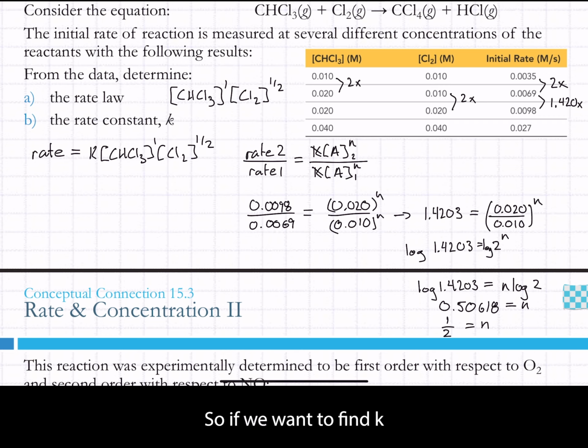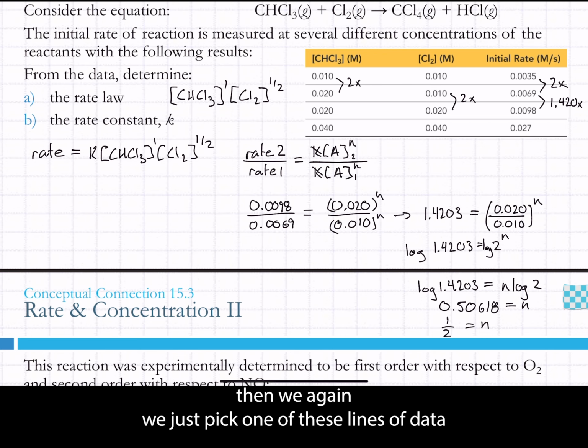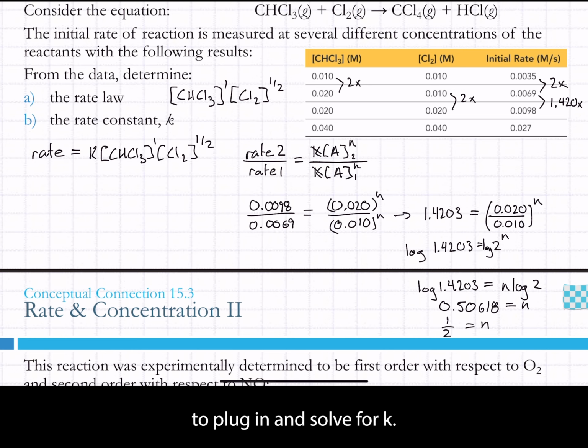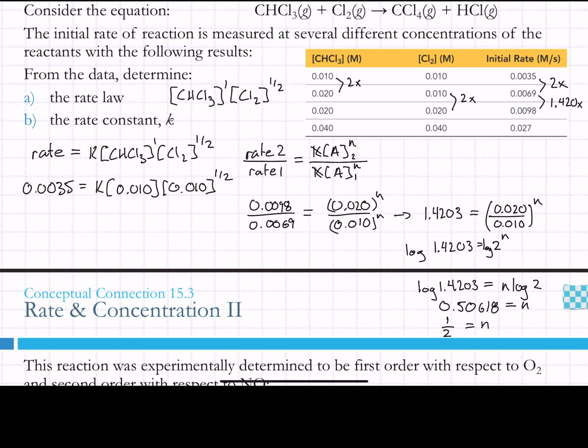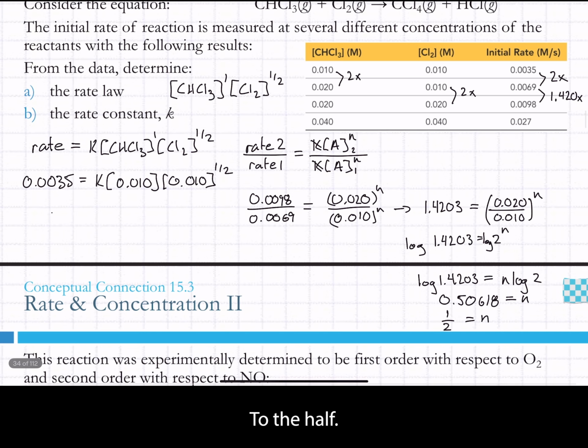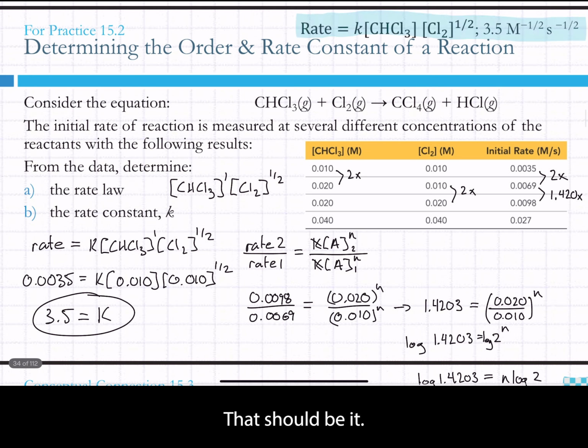So if we want to find k, then we just pick one of these lines of data to plug in and solve for k. 0.0035 equals k times, so 0.0035 divided by that, divided by 0.01 to the 1/2. That should be it.